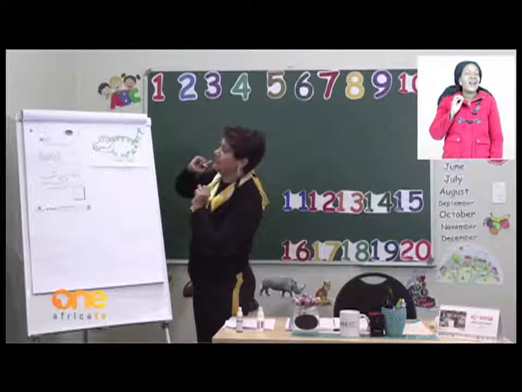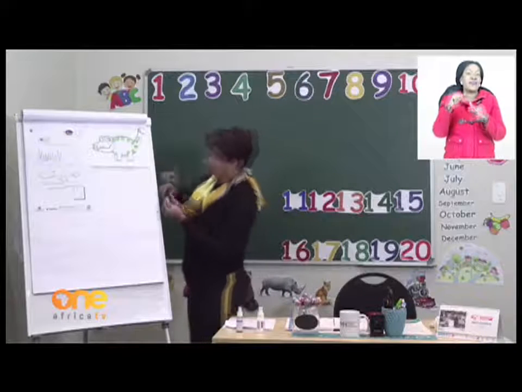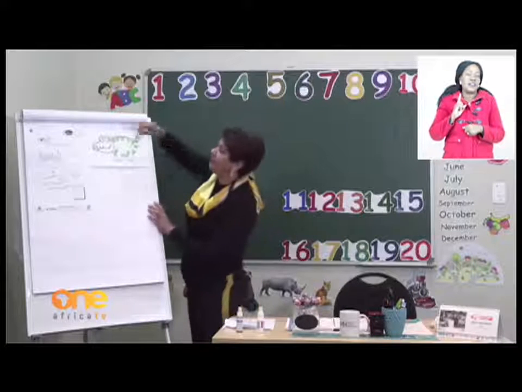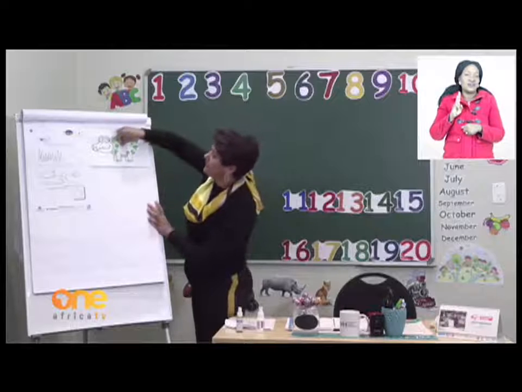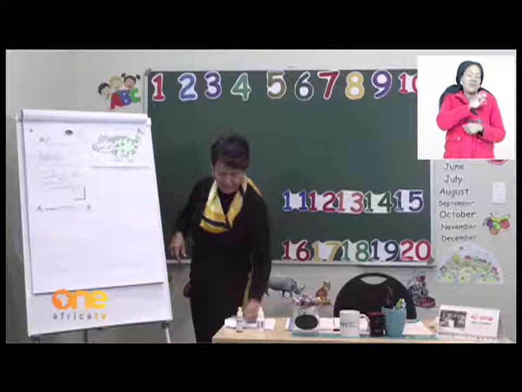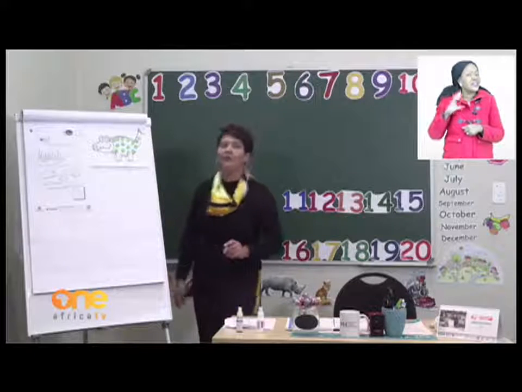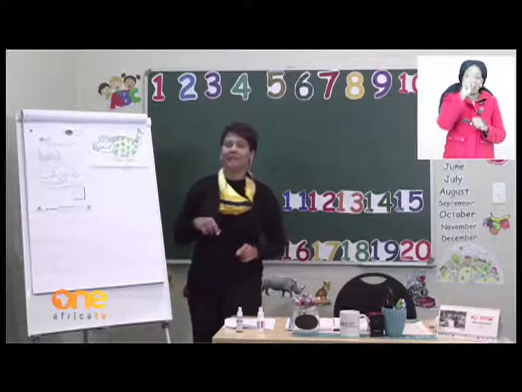Is that correct? No, I think I need 5 more. Let's continue. 11, 12, 13, 14, and 15 spots. Now, when you draw your spots, make sure you count correctly.